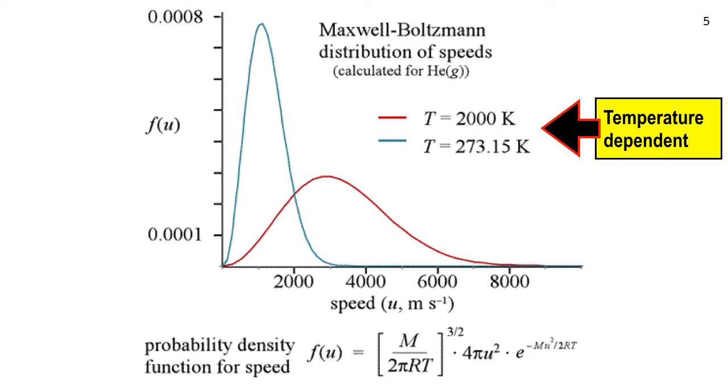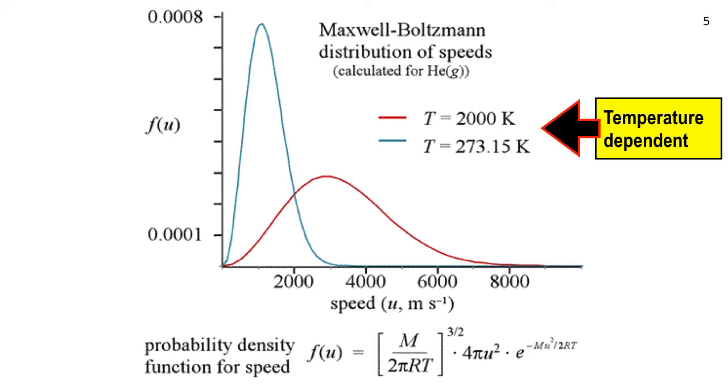And you know what? I agree, it is kind of nasty looking. But you can see here's e to the, and then in the denominator of the exponent is temperature. But you also have temperature down here, capital T, in the denominator of the stuff out in front.